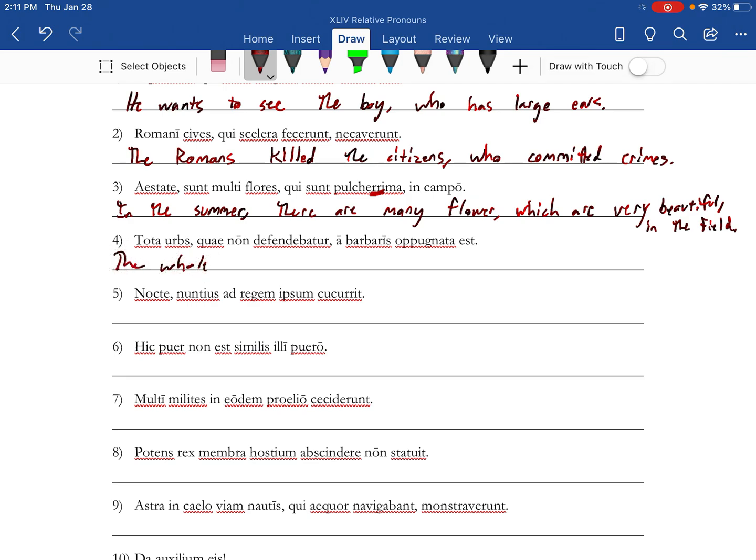So it's herbs, the whole city, which was not being defended, was attacked by the foreigners.